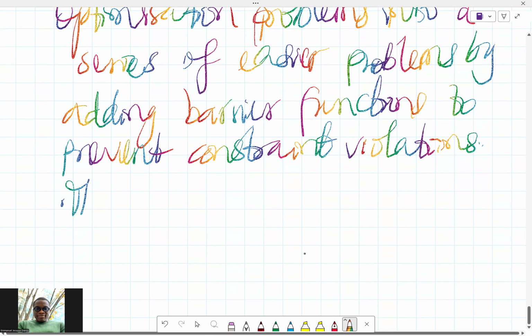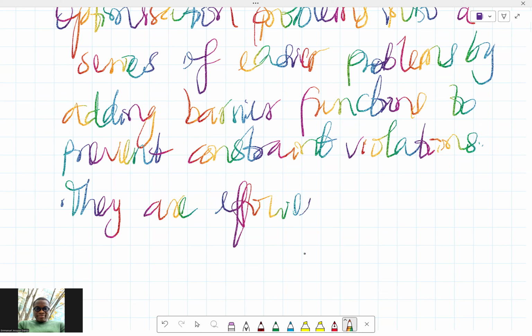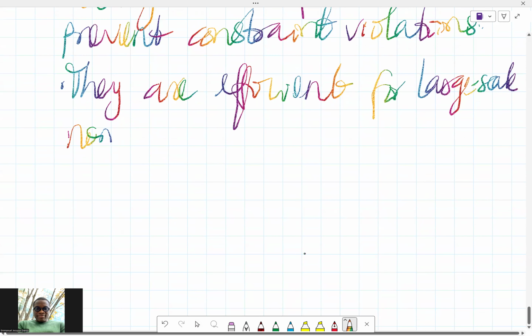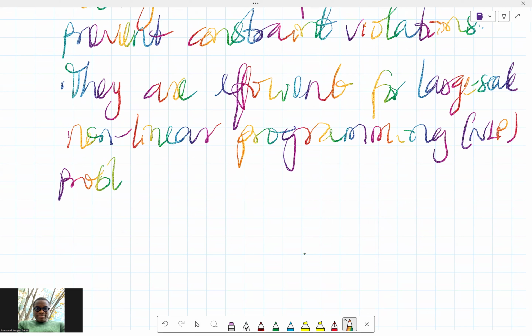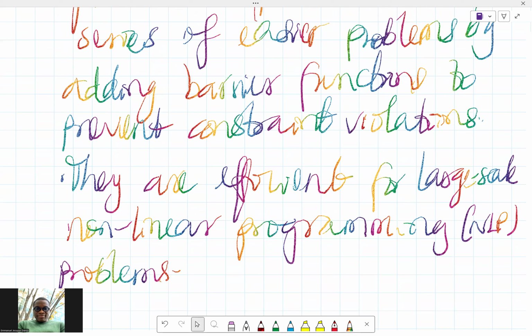Then they are efficient for large-scale non-linear programming problems, that's NLP problems. I have a whole playlist on linear programming problems, talking about the simplex method and many other methods like that.